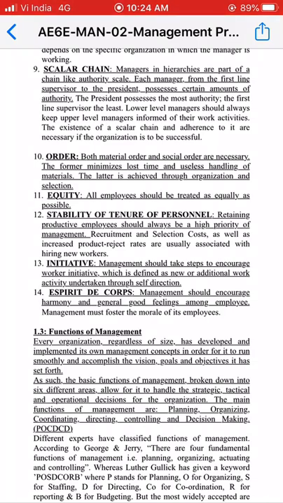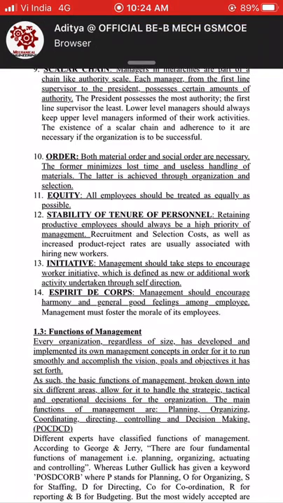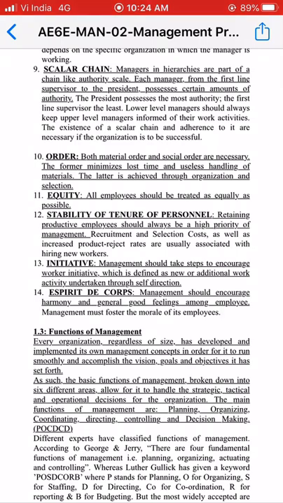So retaining productive employees should always be a high priority of the management. It will minimize the recruitment and selection cost, as well as reduce the product reject rates. So this is about your stability of tenure of personnel.